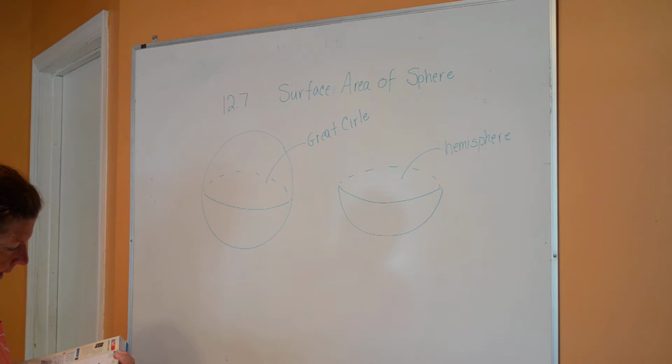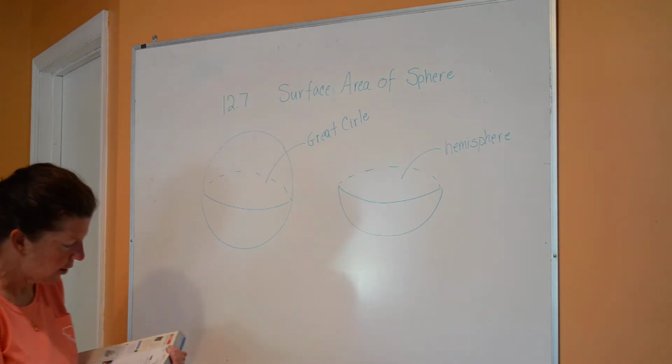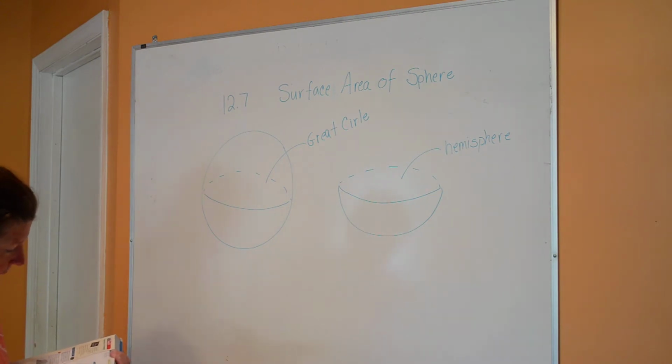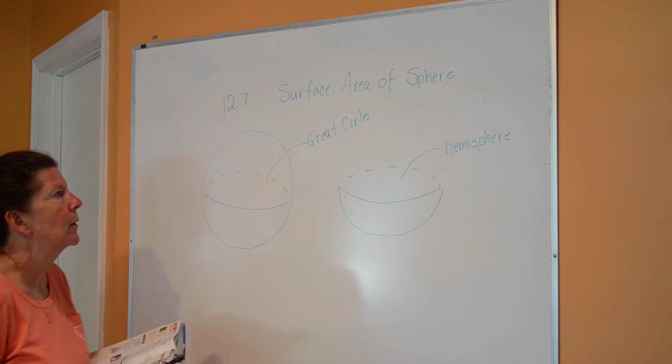If AO is 3 centimeters and OB is 10 centimeters, find AB. Well, all you have to do right there is the Pythagorean theorem. OB squared is equal to AB squared plus AO squared. When you work it all out, you find out that AB is 9.5.